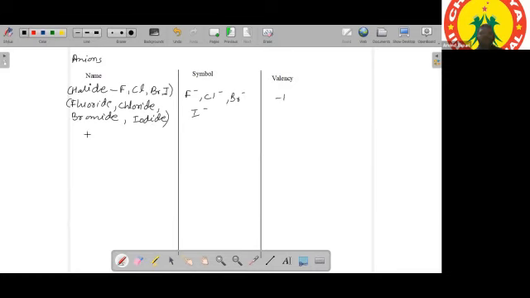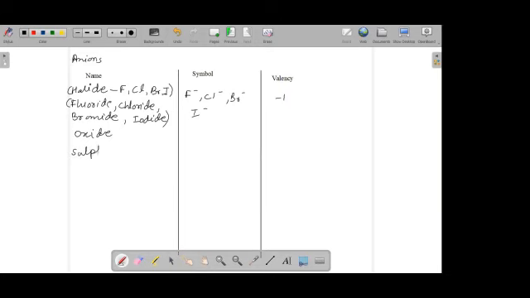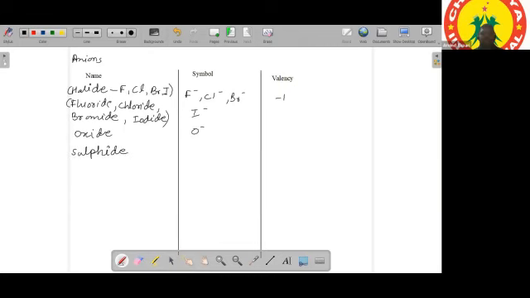Then after these, we have oxide and sulfide. Okay, so what's the symbol for oxide? O-2. What is its valency? Valency of the oxide ion?